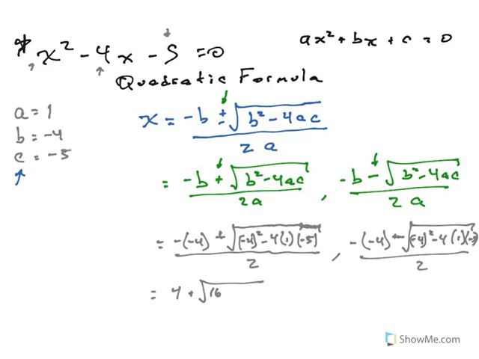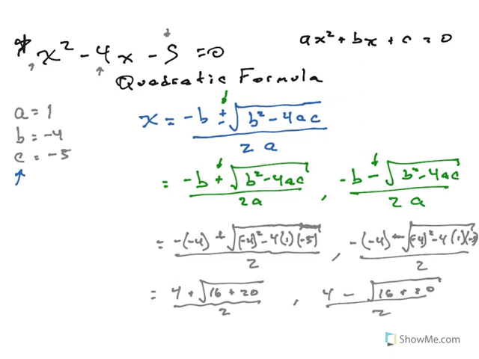So it's 16 minus negative 20, which means it's 16 plus 20, divided by 2. And this one over here is going to look the same, except it's minus 16 plus 20 over 2.